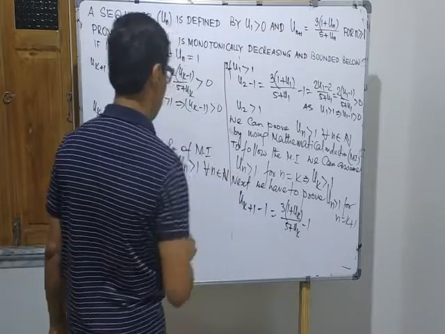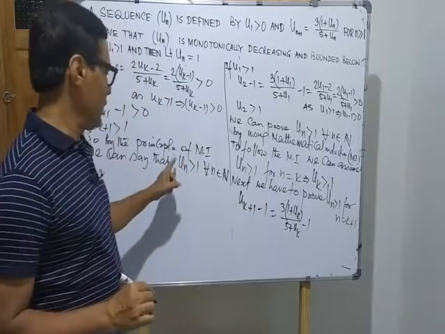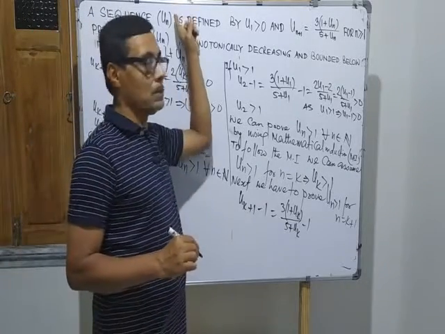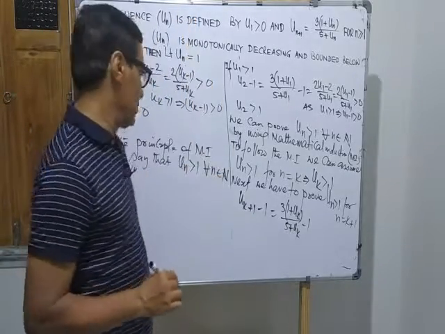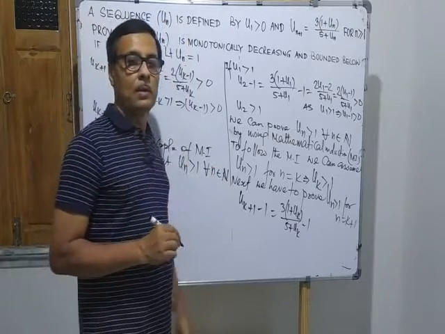For every n, u_n greater than 1, that is all terms of the sequence are greater than 1. That means the sequence is bounded below.